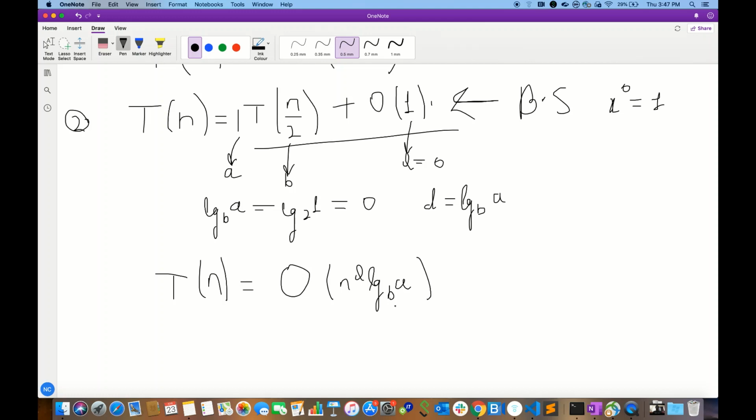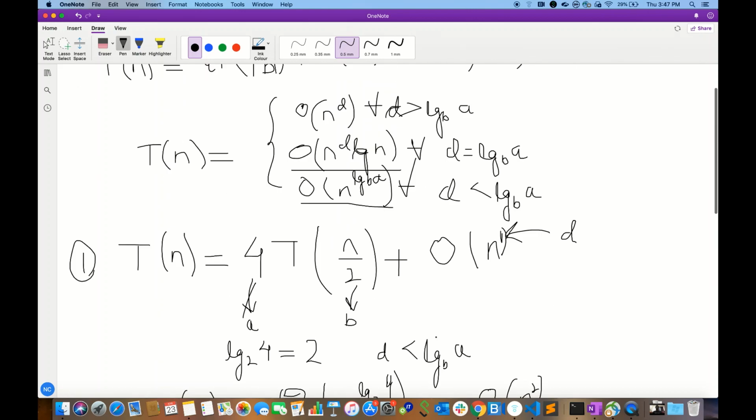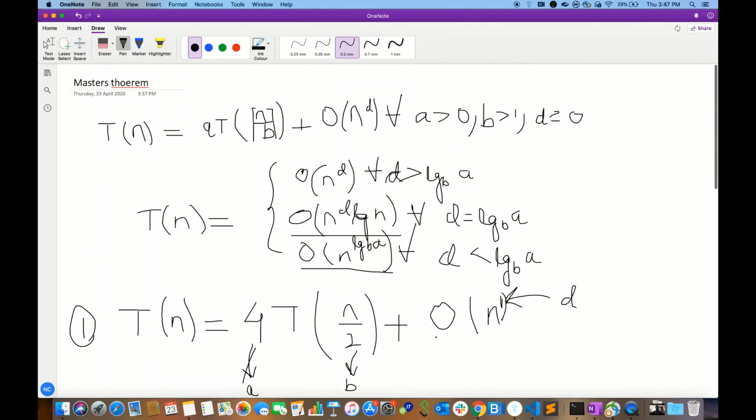So what it gets reduced to is big O of n to the power 0 times log of n.